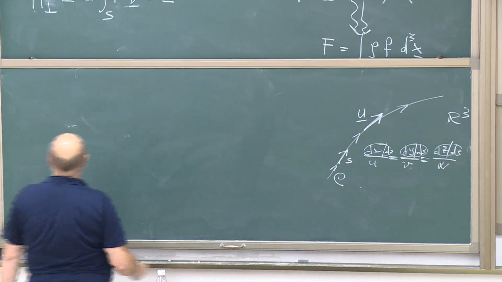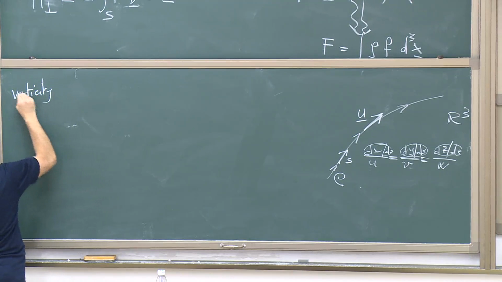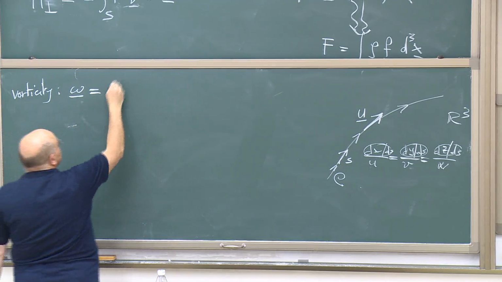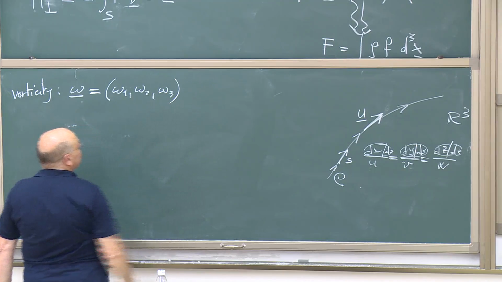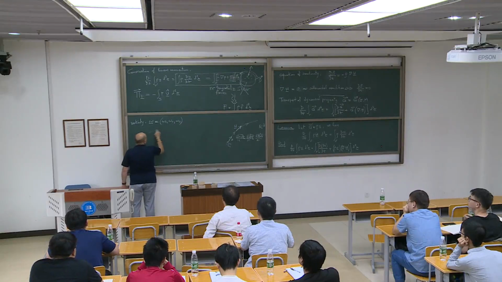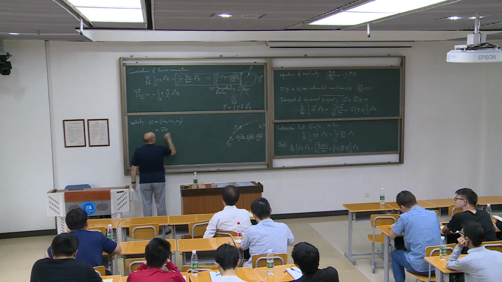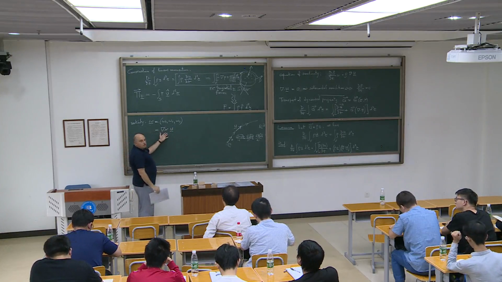So if I introduce a new field, vorticity, I do the same. Vorticity is omega, with three components, omega 1, omega 2, omega 3, and I define this field as the curl of U. Okay? The curl of U.